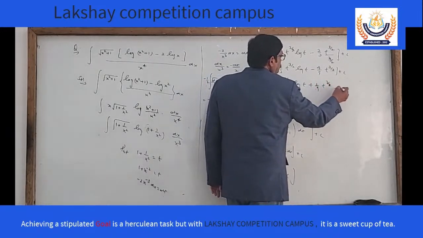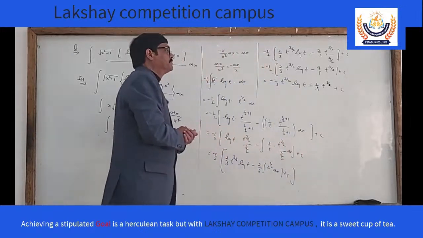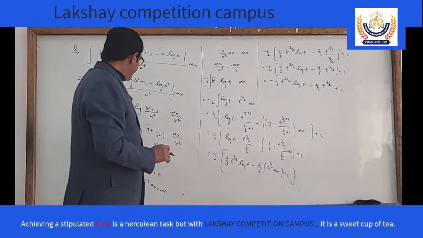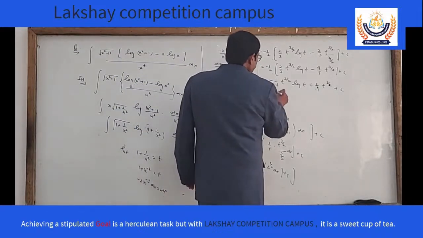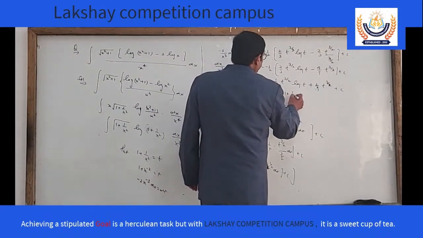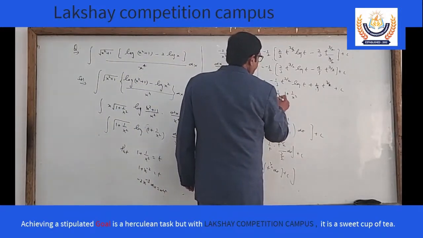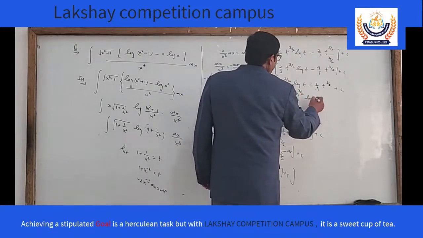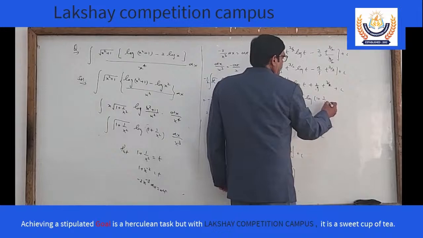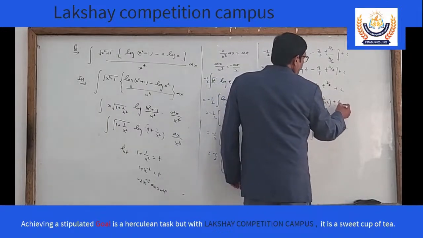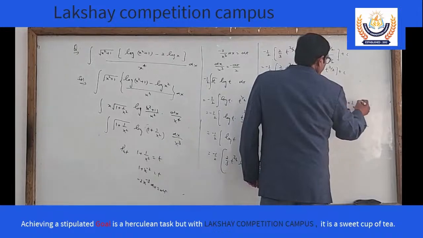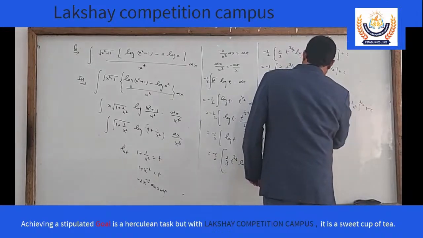And now you substitute. What is t here? Yes, you write it down: 1 by x square raised to 3 by 2, log 1 by x square, plus 2 by 9, raised to 3 by 2, plus c.